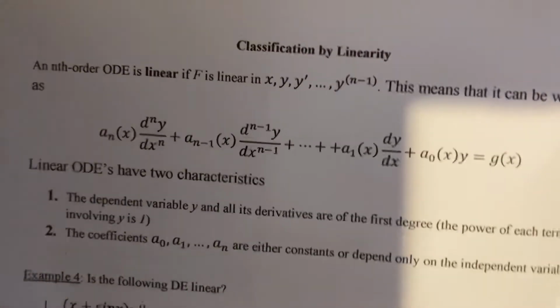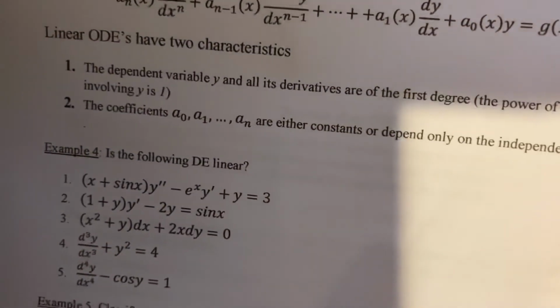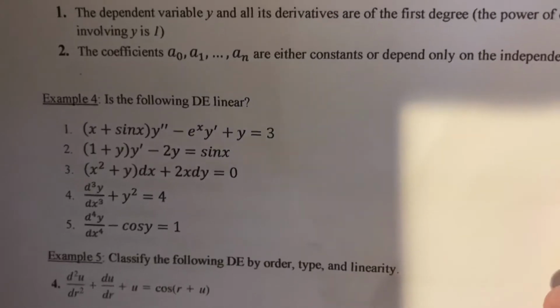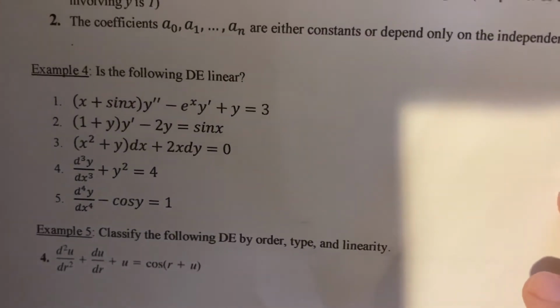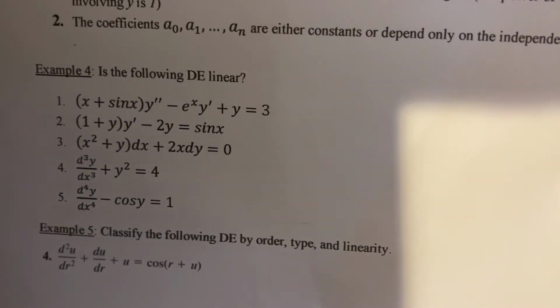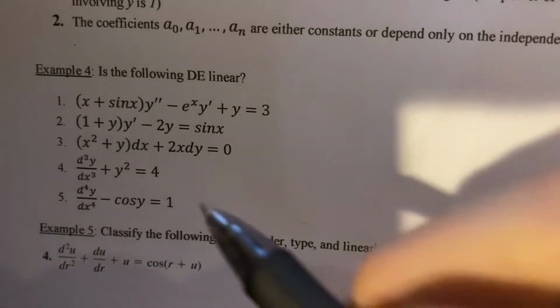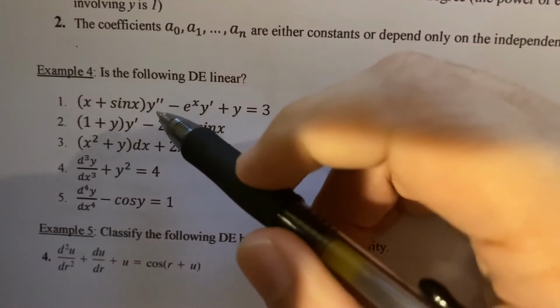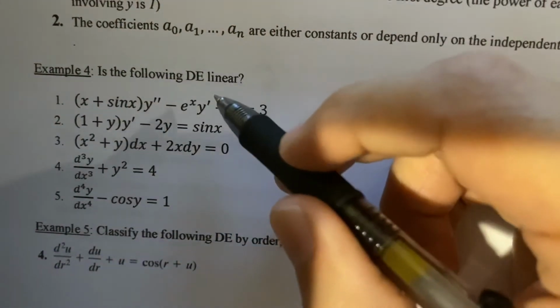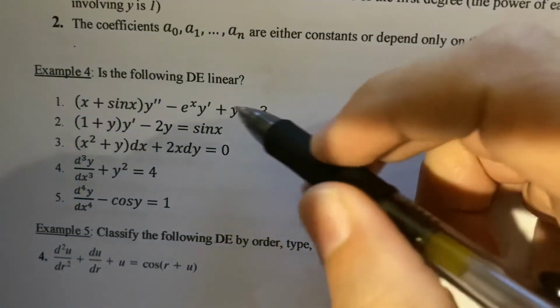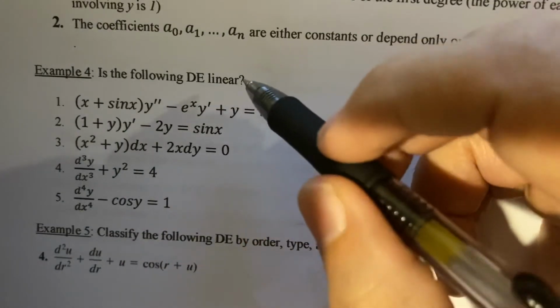Example 4: is the following differential equation linear? We have x plus sine of x, times y double prime, minus e to the x times y prime, plus y equals 3. We want to know if that differential equation is linear or not. First, y double prime is to the first power, y prime is to the first power, y is to the first power, so that checks off the first part.